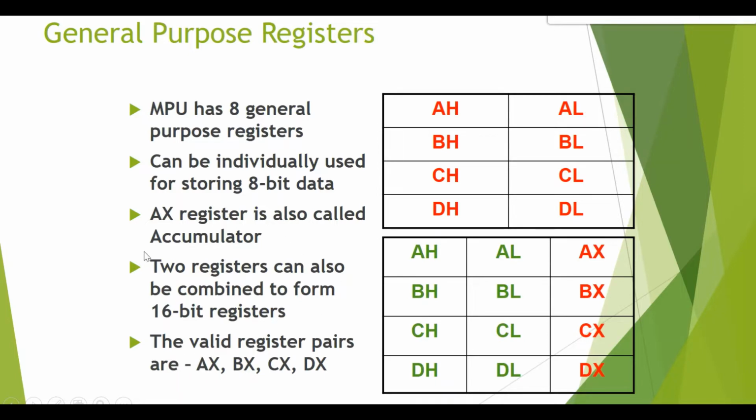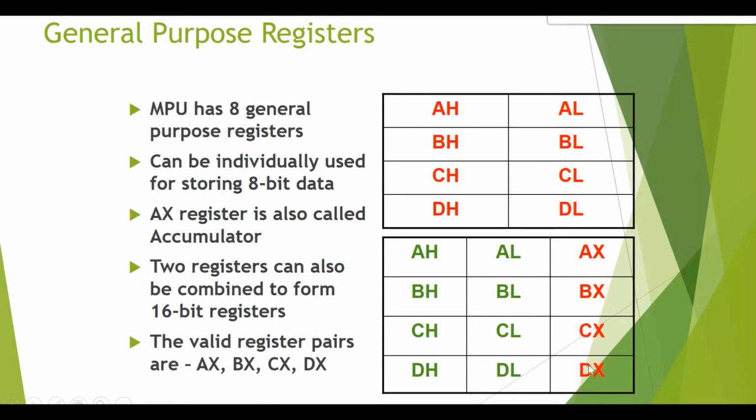AX can be used as an accumulator, as in the 8085 microprocessor we have A. Then BX, CX, DX are general purpose registers that can be used to hold 16-bit data during the execution of instructions.